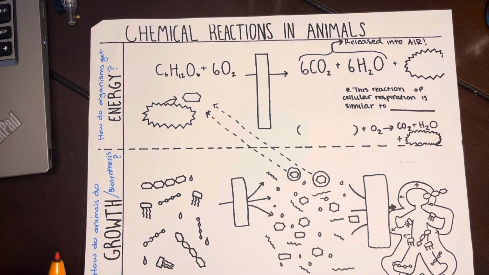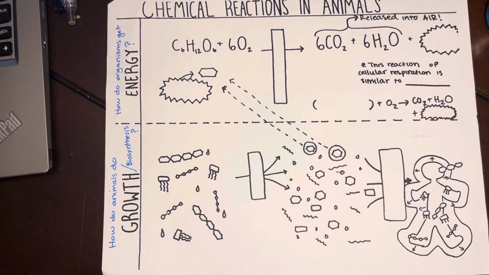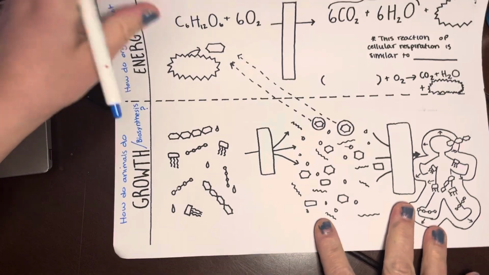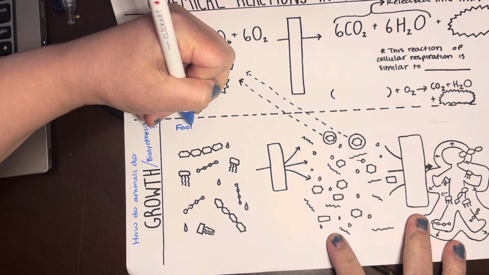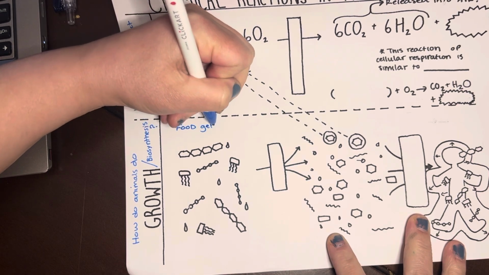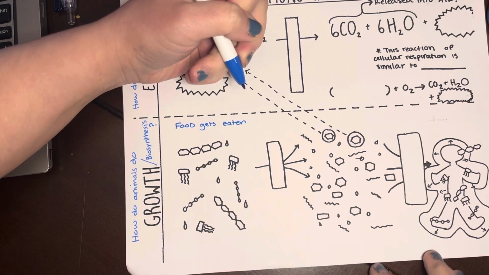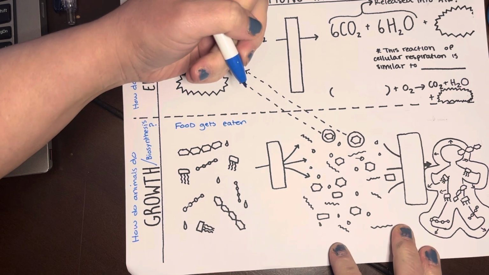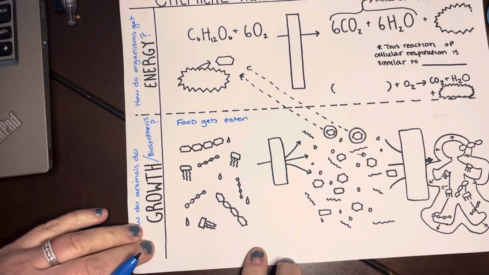So I'm going to start with one of the things we probably eat a lot of, which is carbohydrates. So over here, we're going to cover the large biomolecules and minerals in our food. So food gets eaten. And these are some little cartoon models of the different things that might be in our foods, the biomolecules. And I'm just going to summarize that here at the bottom.